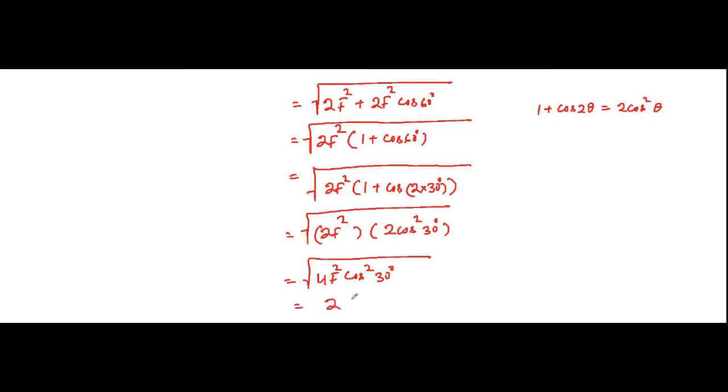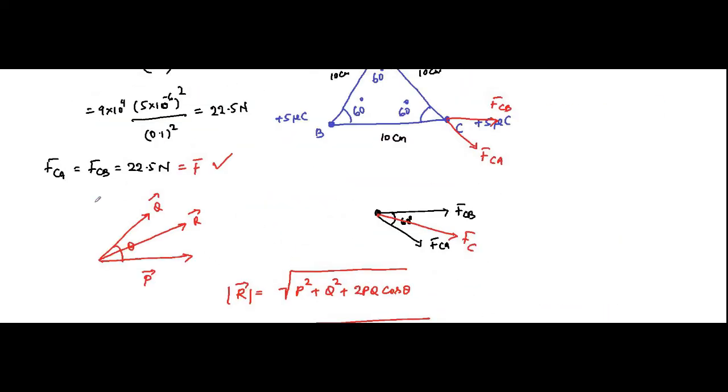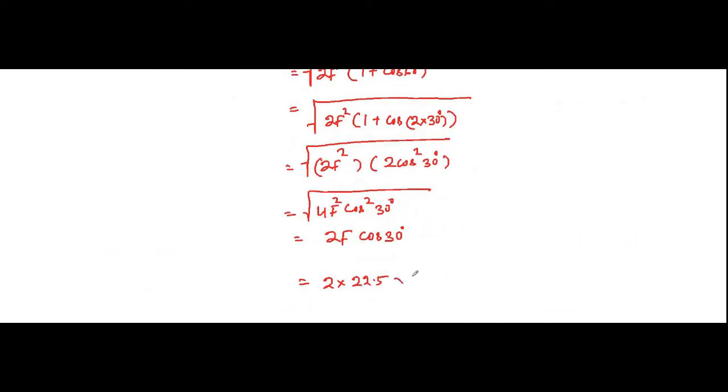So which is equal to 2F cos 30 degree, which is equal to 2 into 22.5, which we calculated here, Fcb equals Fca equals 22.5 into cos 30 degree, and that is equal to 38.97 Newton.